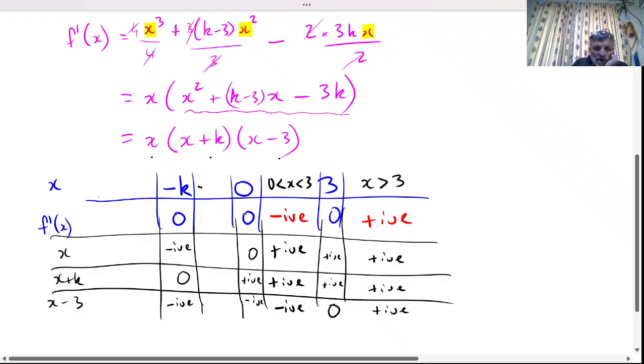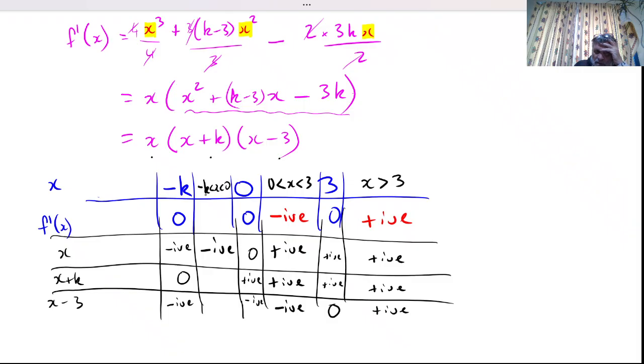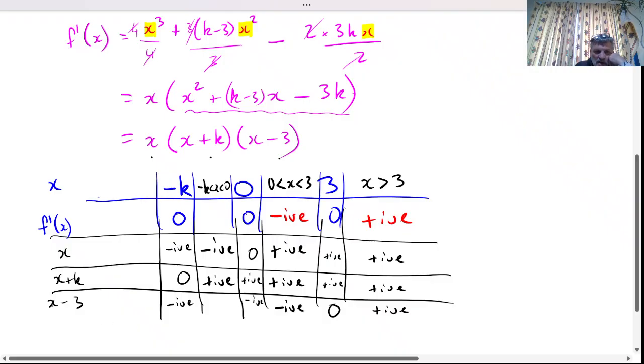If I've got negative k less than x less than 0, x is less than 0, so it's negative. X plus k, well, right at the end, if I add that, I get 0. If I get something bigger than negative k, I don't know what k is, but if I add k on, it's definitely going to get past 0, so it'll be positive. And then something negative, take away 3, that's definitely going to be negative. So 2 negatives is a positive, times a positive.